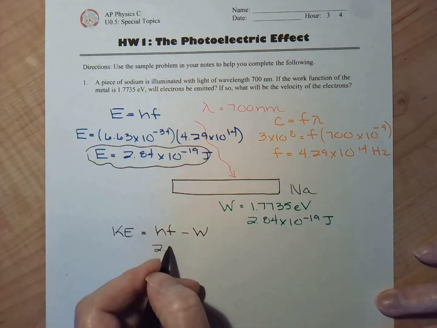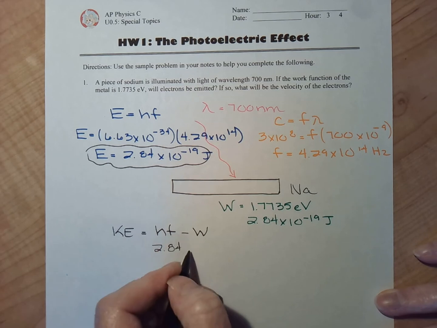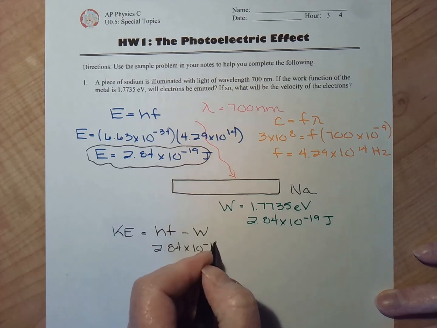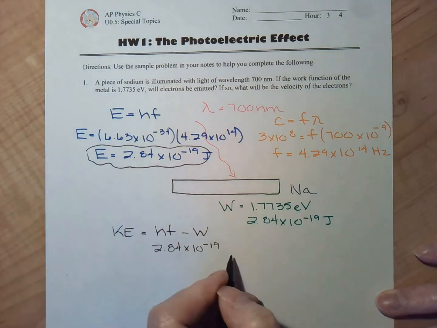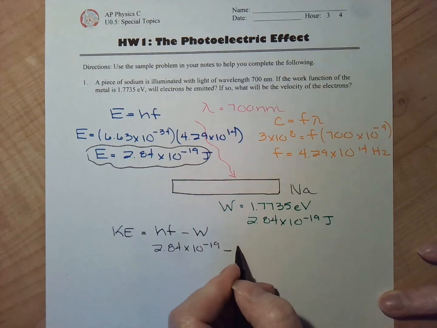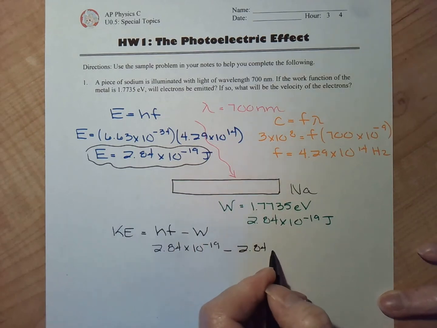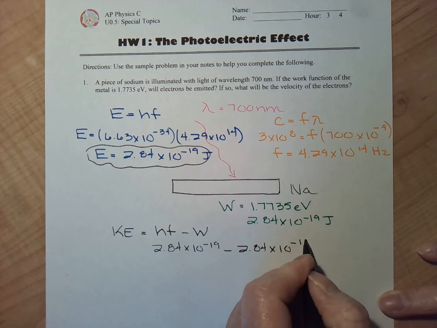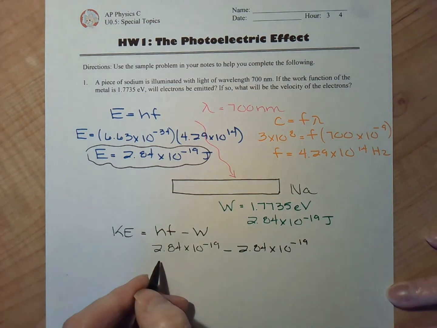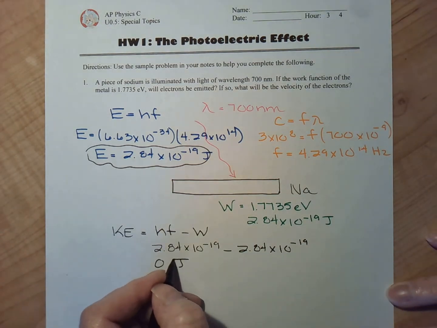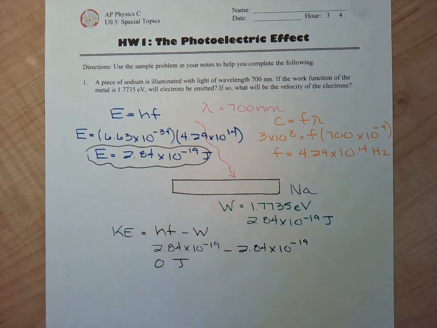So obviously I have 2.84 times 10 to the negative 19, that's my incoming energy, minus my work function, which is 2.84 times 10 to the negative 19, and we find out that we have 0 joules left over.